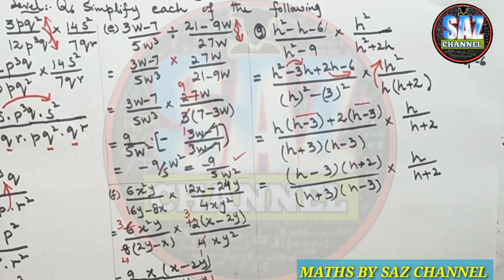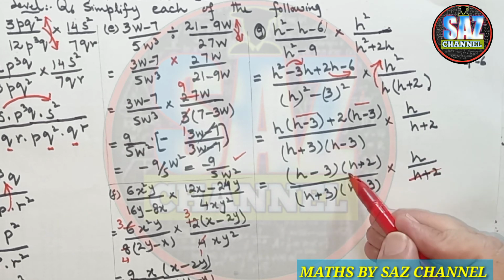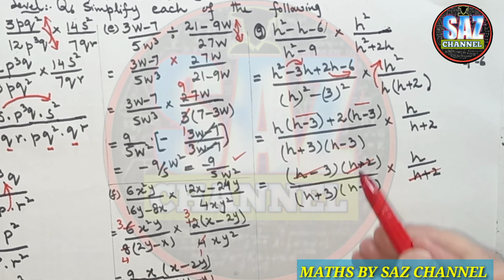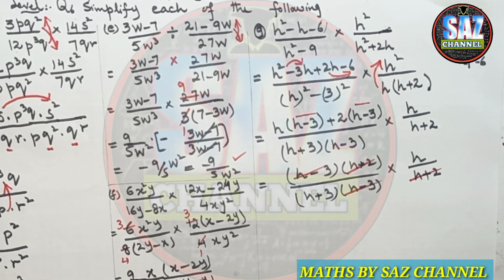Now it's time to simplify the like terms. We can simplify h + 2 with h + 2 and h - 3 with h - 3, and I'm left with h upon h + 3. This is the final answer. I hope you are clear about this question.